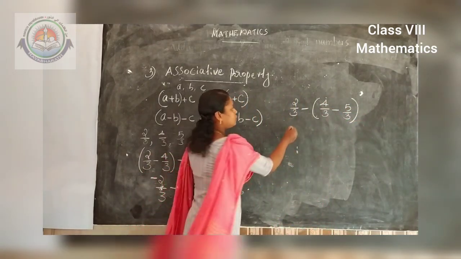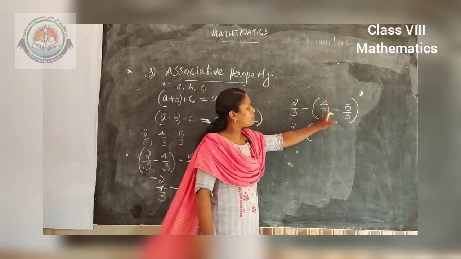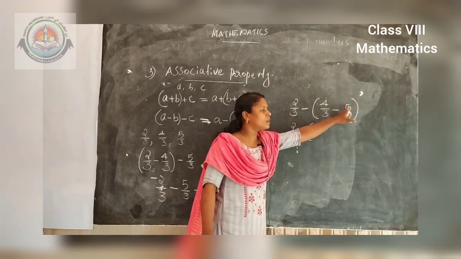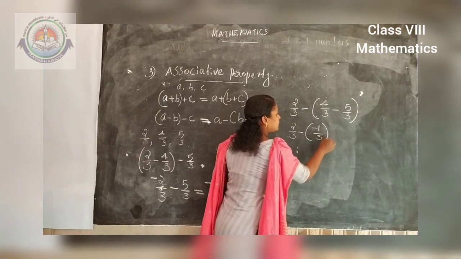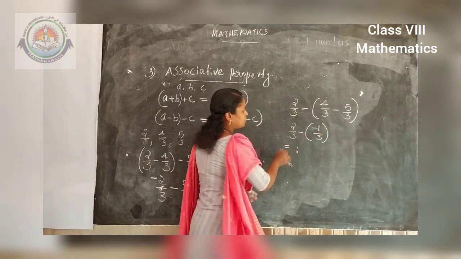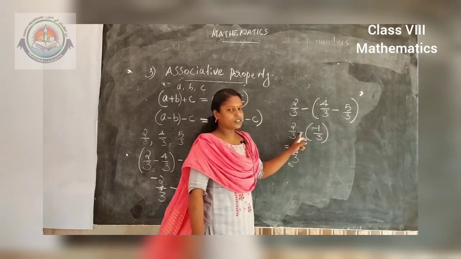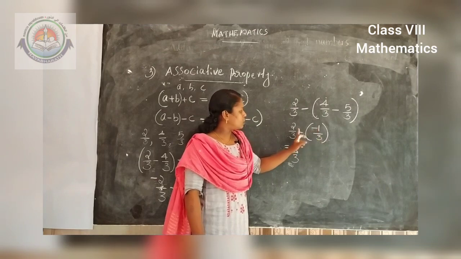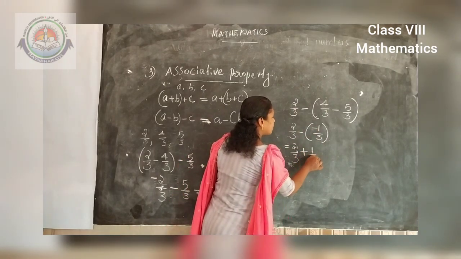Then 2 by 3 minus (4 by 3 minus 5 by 3). What is 4 minus 5? 4 minus 5 is minus 1 by 3. Here a minus sign is there and here another minus, so minus into minus is plus 1 by 3.